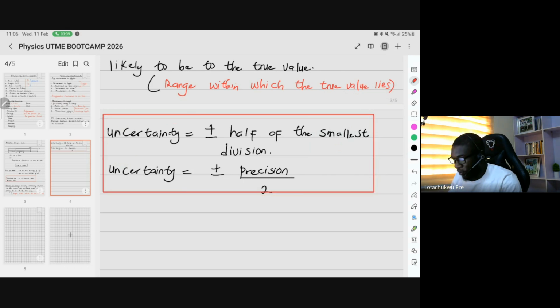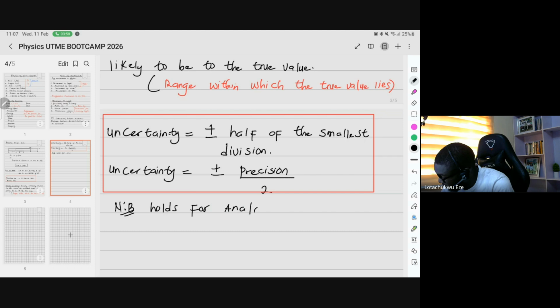So for your meter rule, and this is actually for analog instruments, NB: this holds for analog instruments.